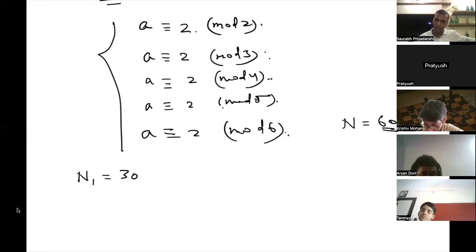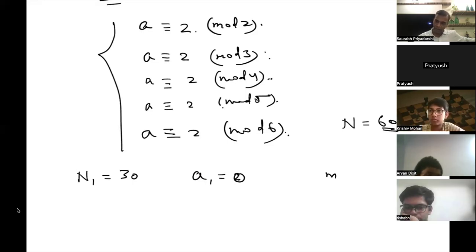So this will be completely divisible, so a1 is nothing but 0. Is this okay, everyone? Yes, sir. Mod 2. Okay, the x1 and the values are coming accordingly.